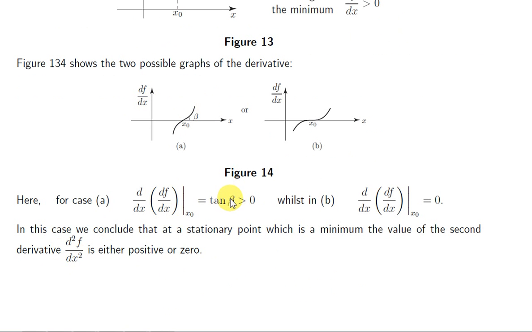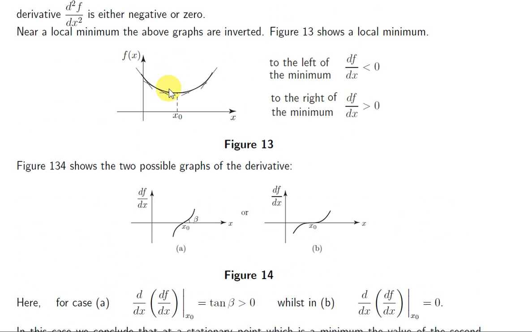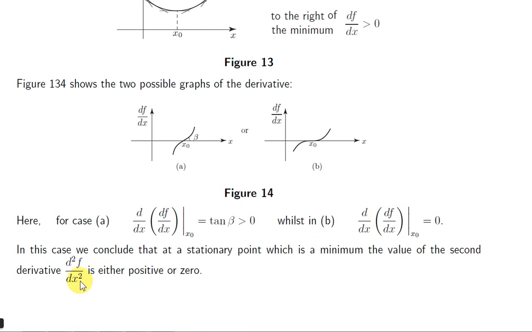And since beta is an acute angle, an angle between 0 and 90 degrees, the tan of it is positive. In this situation here, the tangent is horizontal, so the angle is 0. The tan of 0 is 0. So for the local minimum of a function, the second derivative is greater than or equal to 0.